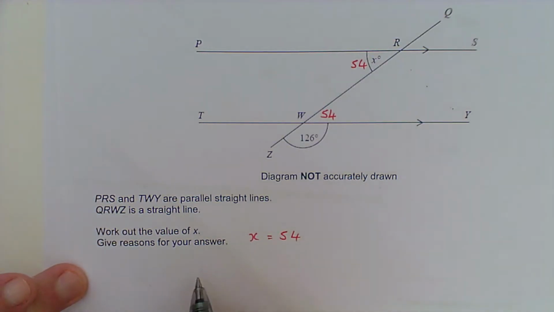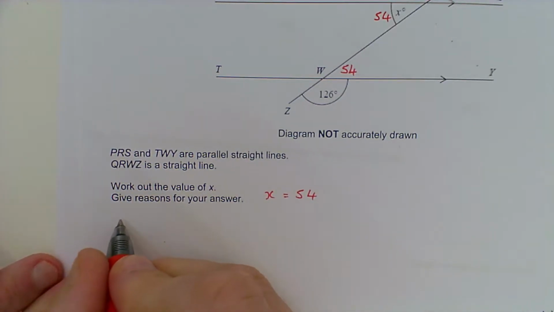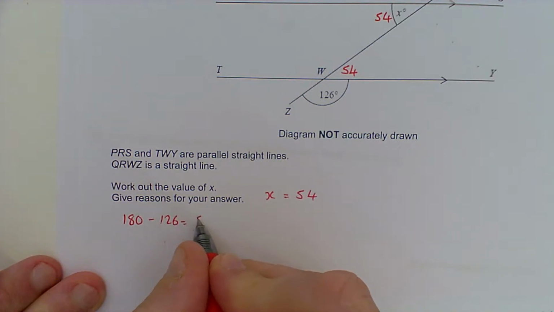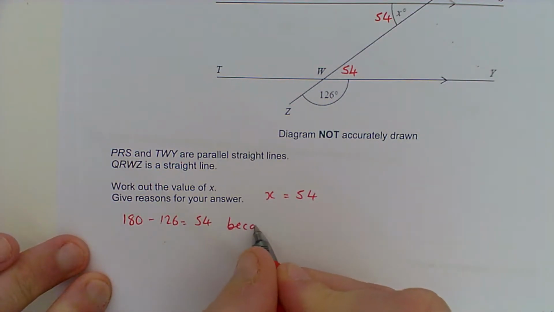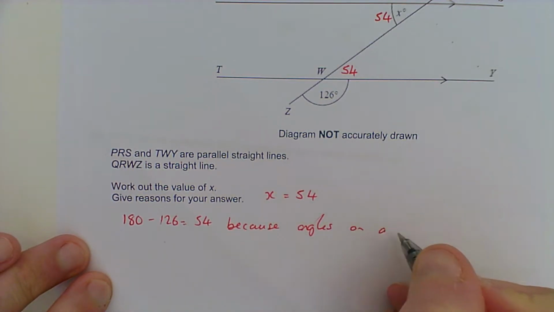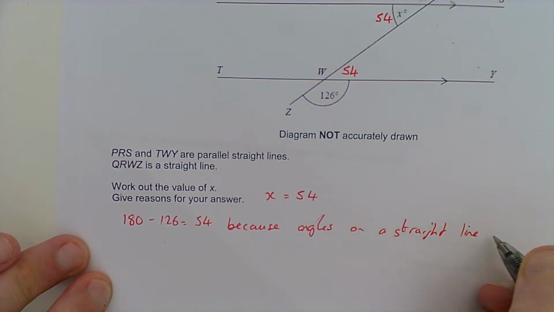Okay, and why is that the case? Well, you've got to tell them every step you've done. So I'm going to say that I did 180 minus 126 equals 54. Because, and you've got to give reasons, angles on a straight line equal 180.